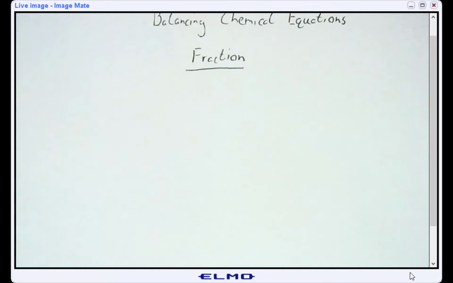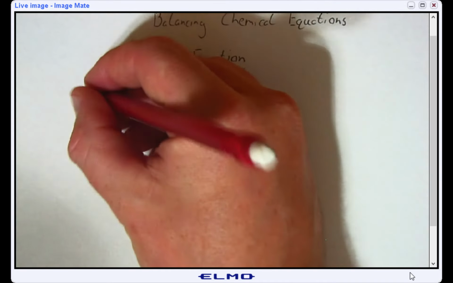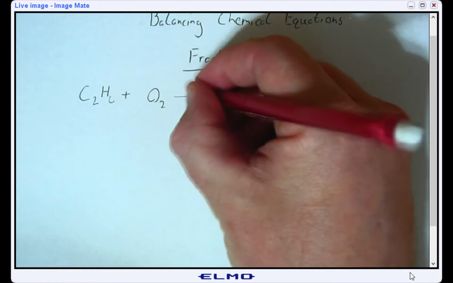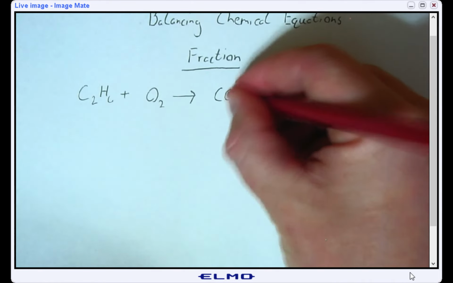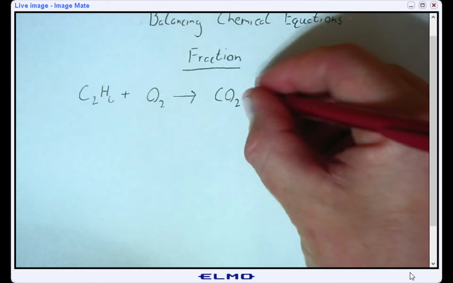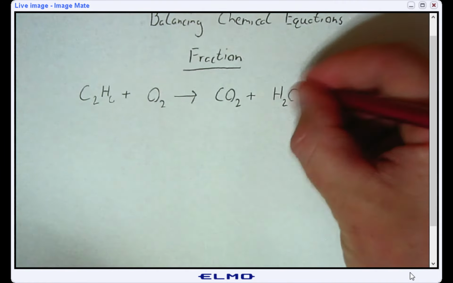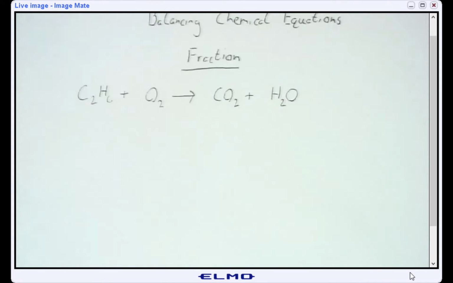There we go. C2H6. That's ethane gas. You don't need to know that, but it's just fun. O2 gas yields carbon dioxide. You should know that one. And dihydrogen monoxide, aka water. All right, there we go.